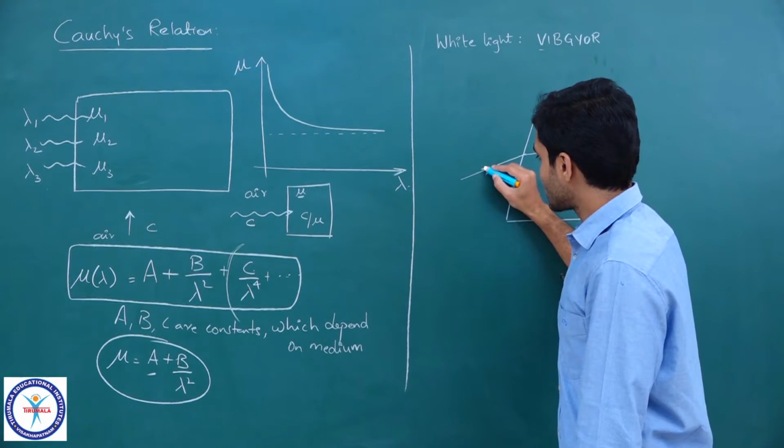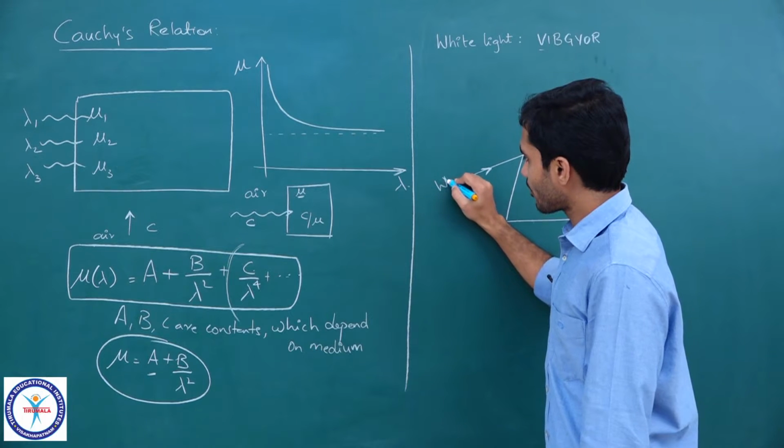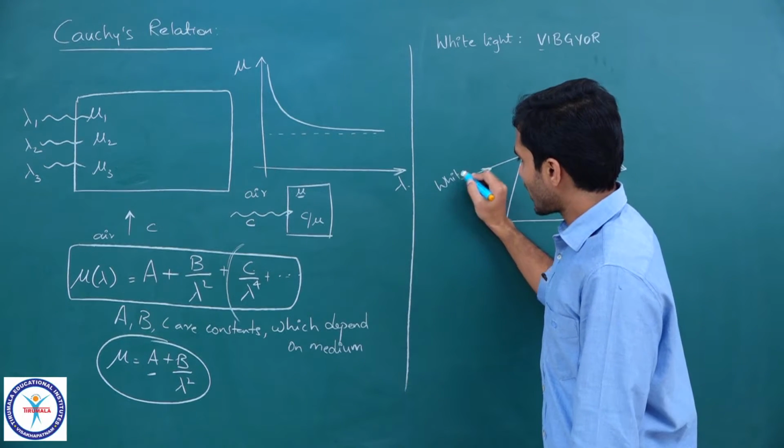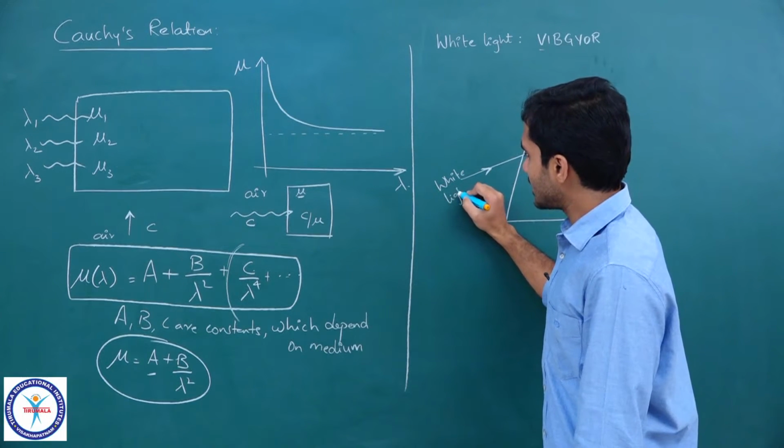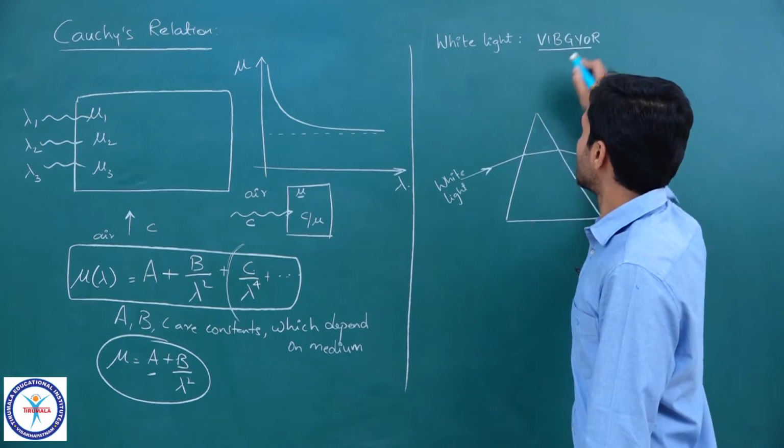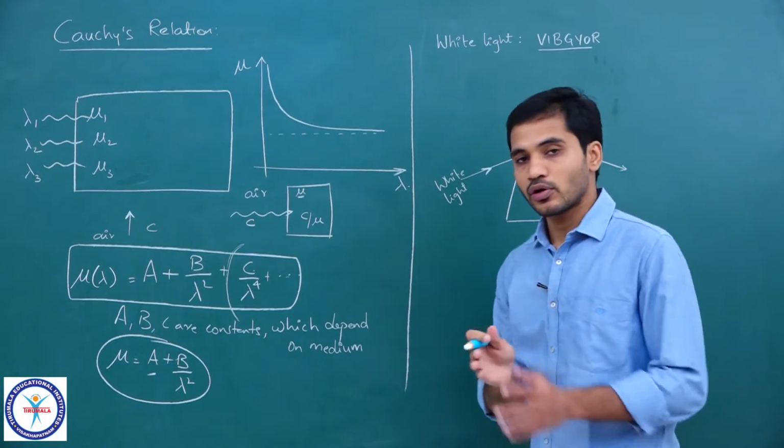But if the light ray which is incident is white light, white light means what? It contains all these individual wavelengths also.